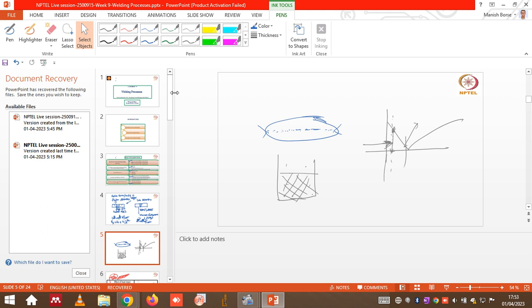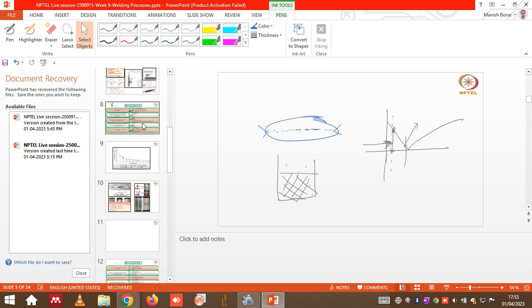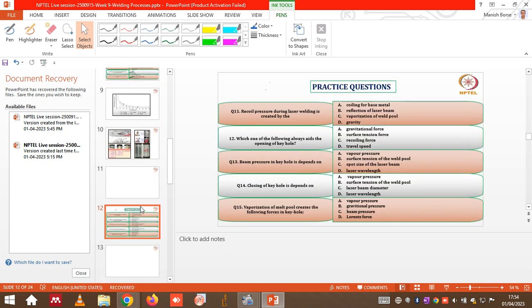Some reference books are also there, but it is better to refer to Robert Messler. Okay. So any other doubt, or can we simply go ahead?